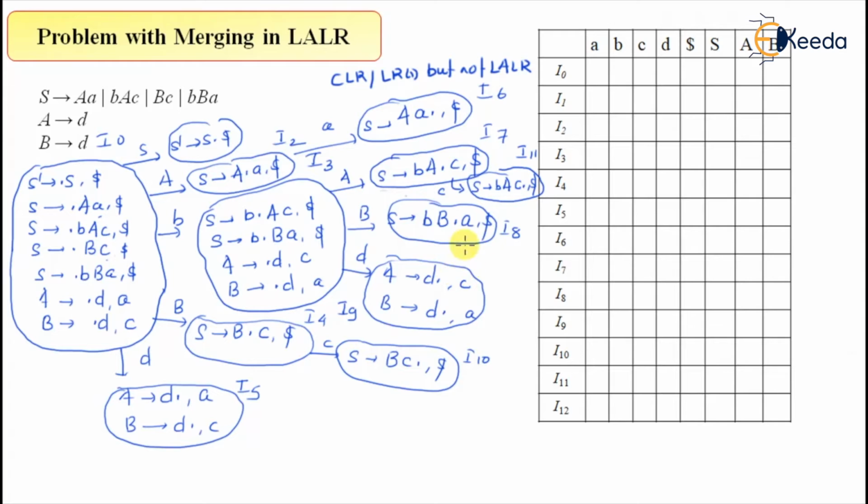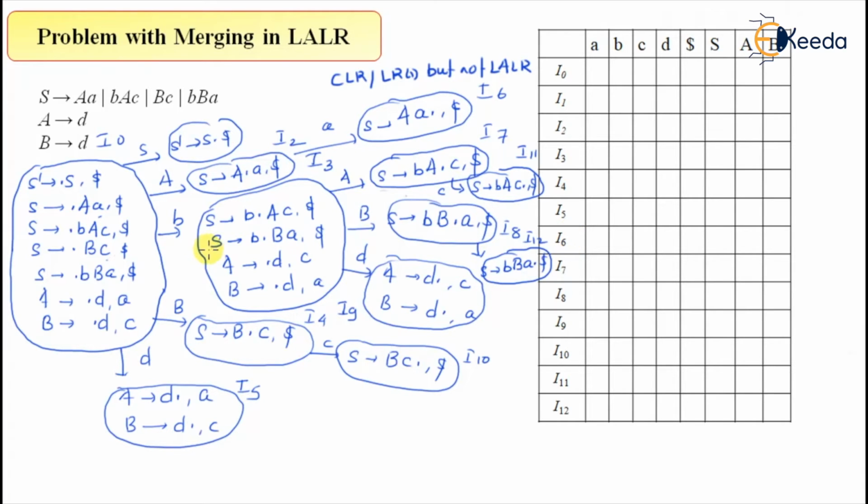Then S derives bBA dot followed by dollar, and that state is finally your I12. So the collection is complete here.